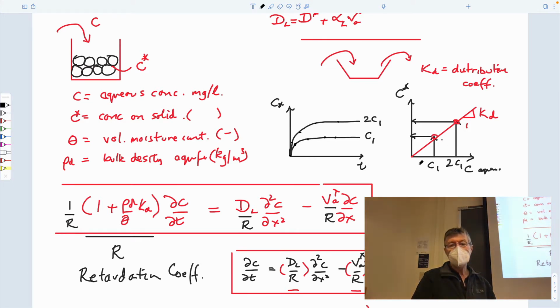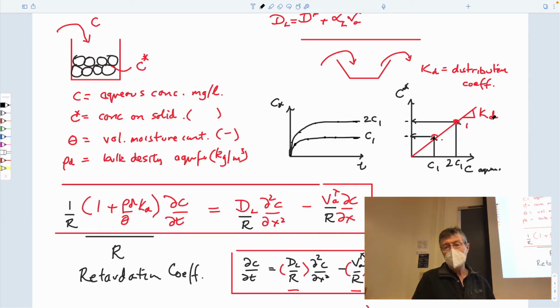So a linear isotherm says that if you take this elevation here, for each of these, and you plot them here, and you plot them relative to the liquid concentrations that you're putting in, C1 and 2C1, then you would end up with 2 points, and you can draw a line through those 2 points. And that line, if it's linear, then it's a linear isotherm.